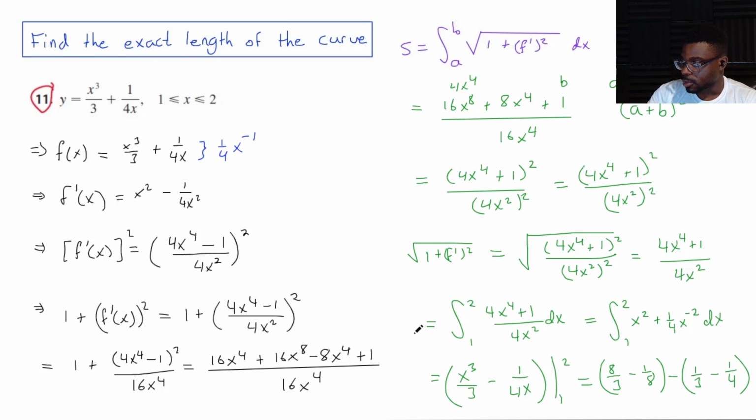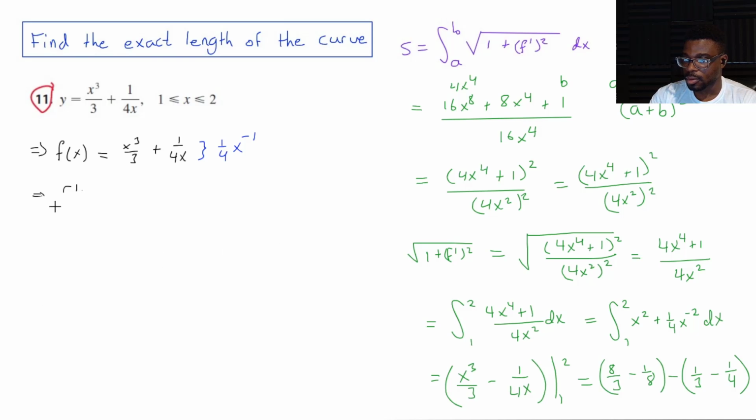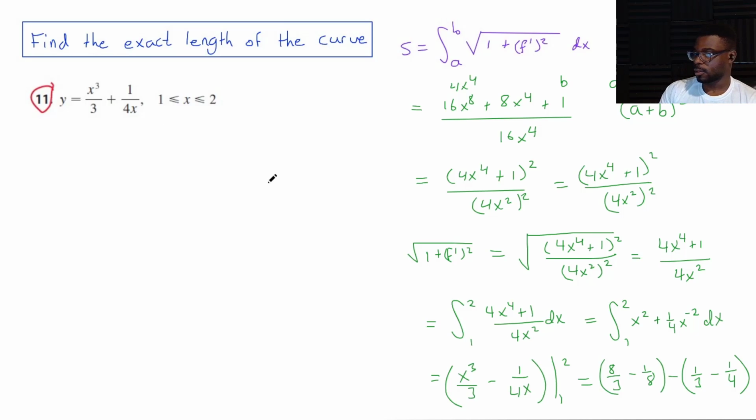We're going to need a little bit more space to simplify this out. So let's clear this part of the board. And let's see, so we have 8/3 minus 1 over 8 minus 1/3.